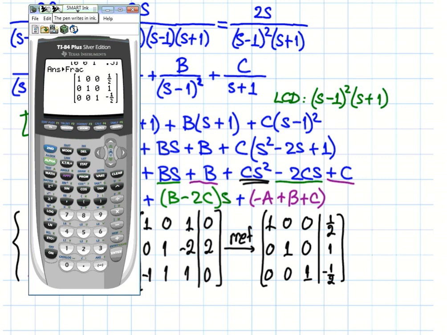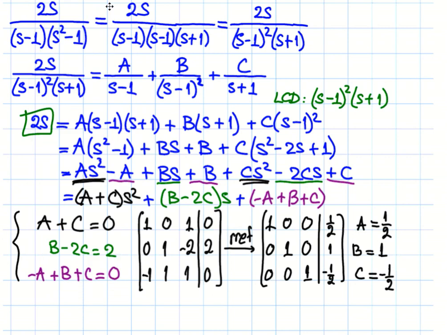Which means A is 1/2, B is 1, and C is negative 1/2. Right. Now we can put it back into this form. Put these coefficients back into this, and we have the decomposition of that.